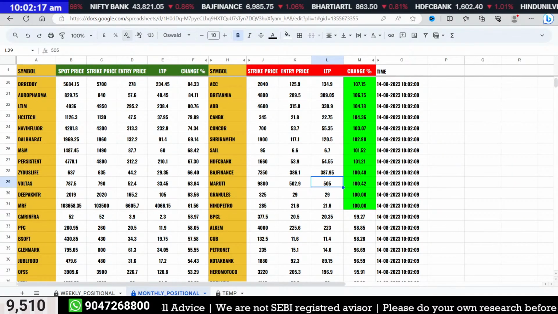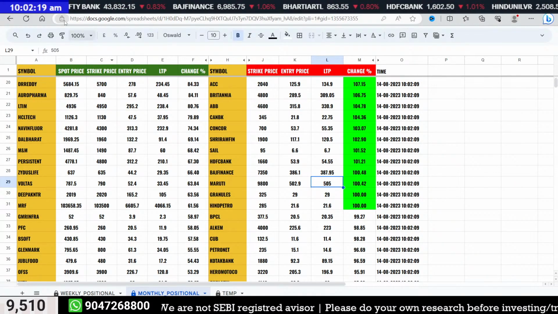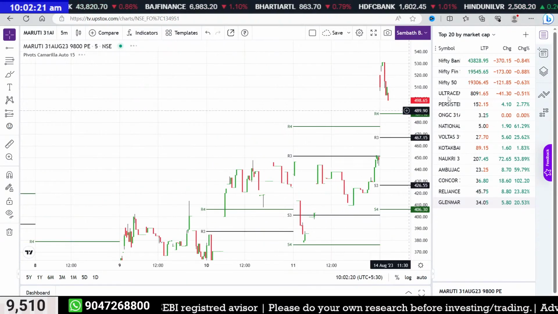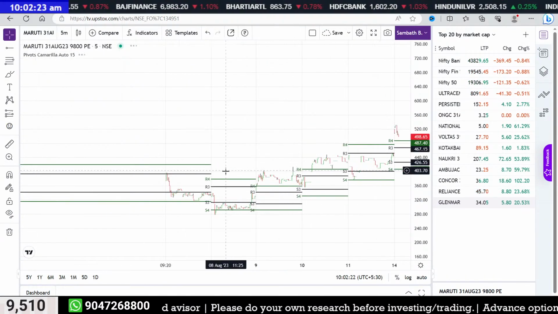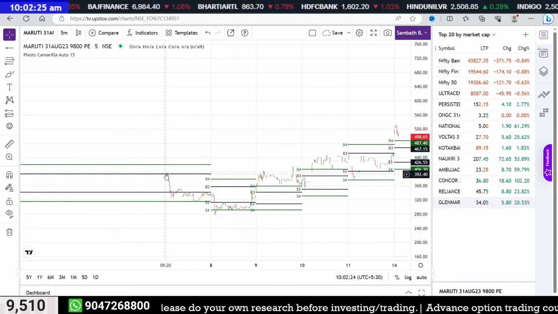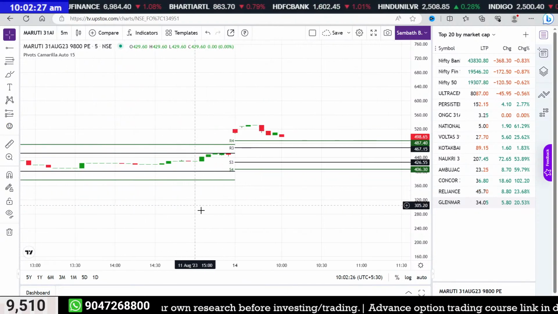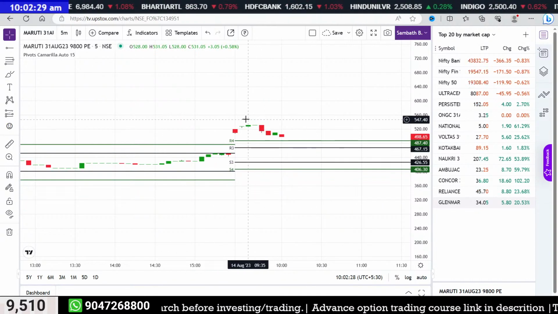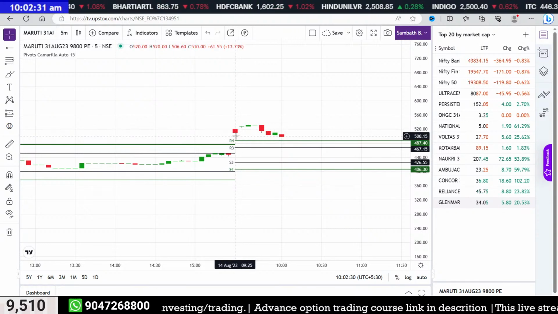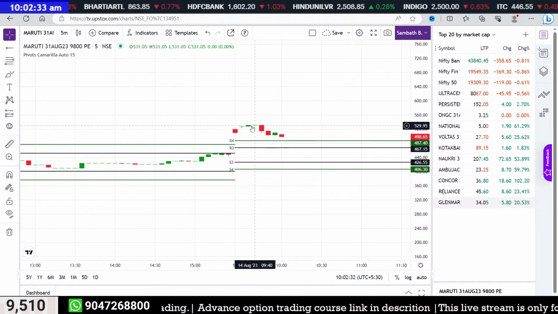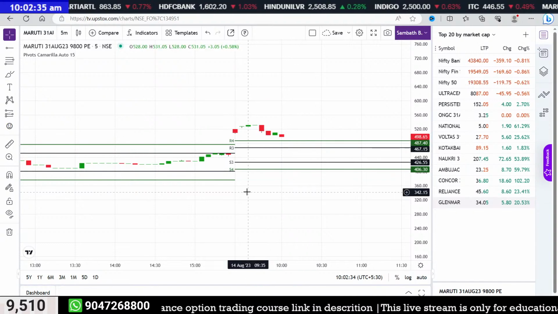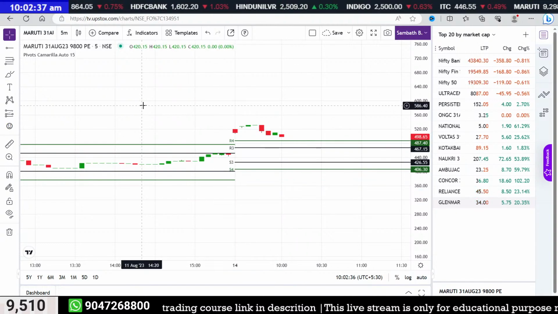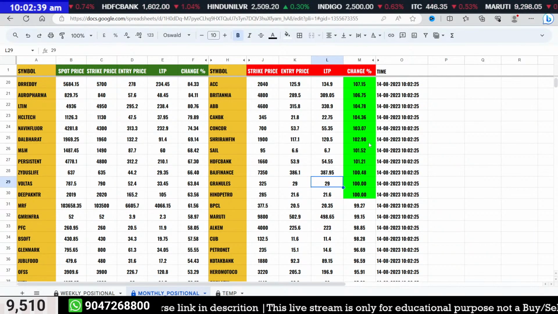Monthly trades, Maruti 9800 at 500 rupees. I think this is the first time it triggered this month. From 500 it had not reached, maybe now it is 498. It's a better opportunity. It was not triggered when it moved to 531, but now it has retraced to our level. So if you wish, we can try Maruti also on monthly positional.